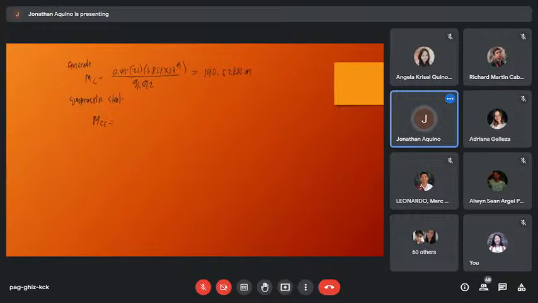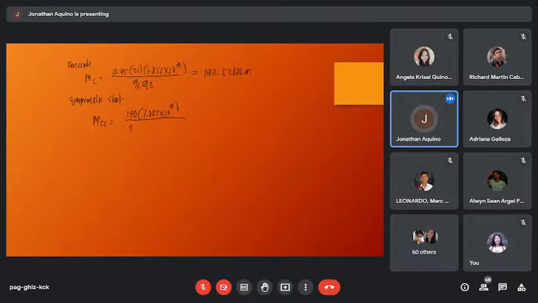MCS is equal to, okay, so the compression steel, Fs is 140 megapascal, Fs times I, 1.851 times 10 to the 9, divided by I. So yung I natin dito is based on concrete. So divide natin siya sa 2n.